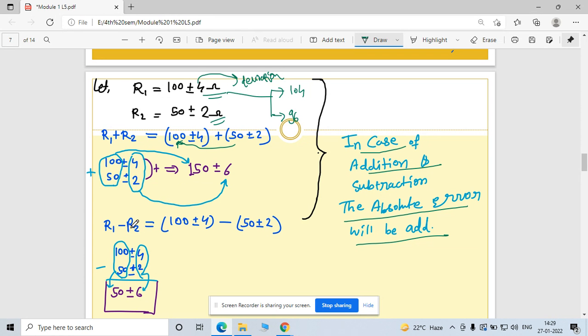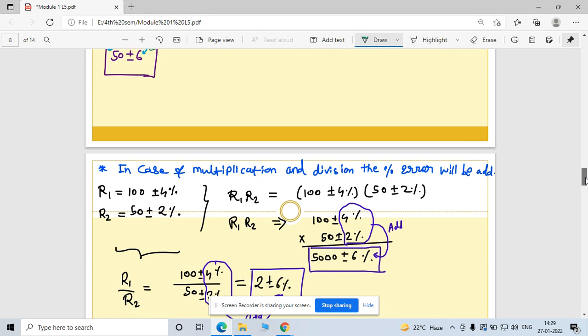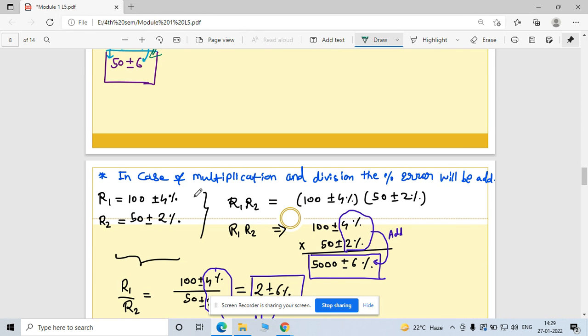When I take the subtraction of these two readings, 100 minus R2 is 100 plus minus 4 minus of 50 plus minus of 2. When I take the minus, 100 minus 50 is 50, and this error also always adds.